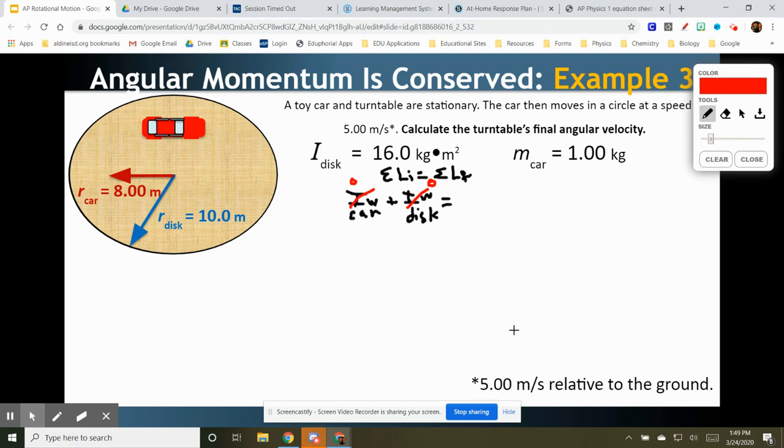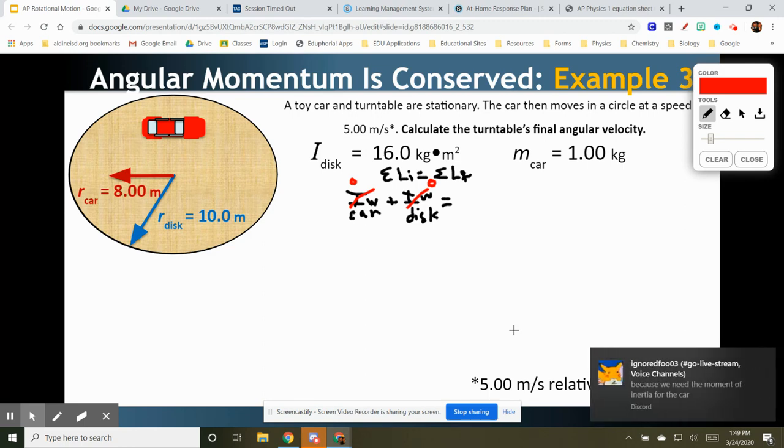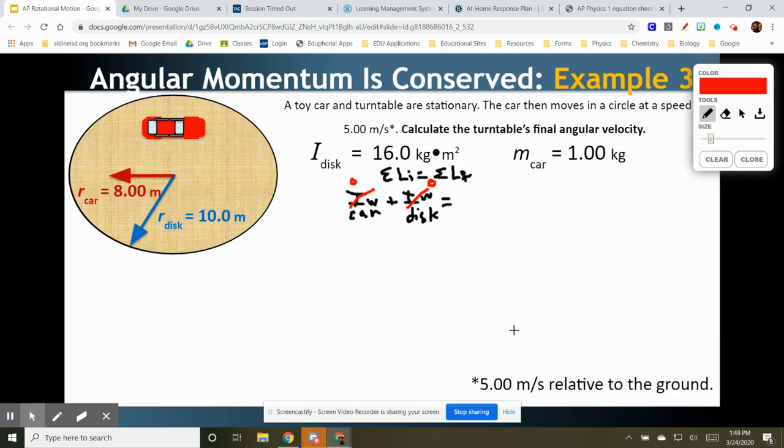Okay, Gabriel is saying moment of inertia of the disk plus moment of inertia of the car, which he derived to be point mass m r squared, times angular velocity final. So basically, Gabriel is thinking that the toy car and turntable are inelastic, like they're stuck together. So are they stuck together, or is the toy car going to move on the disc?